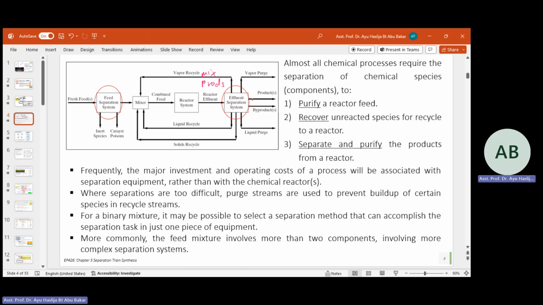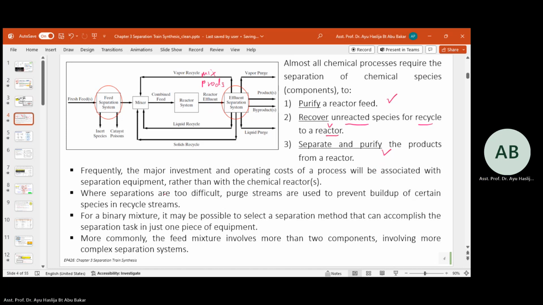The purpose for the separation process, you can find it here: to purify a reactor feed, recover the unreacted species for recycle to a reactor, if it is feasible to recycle, then separate and purify the products from a reactor. This is the general purpose for the separation process.